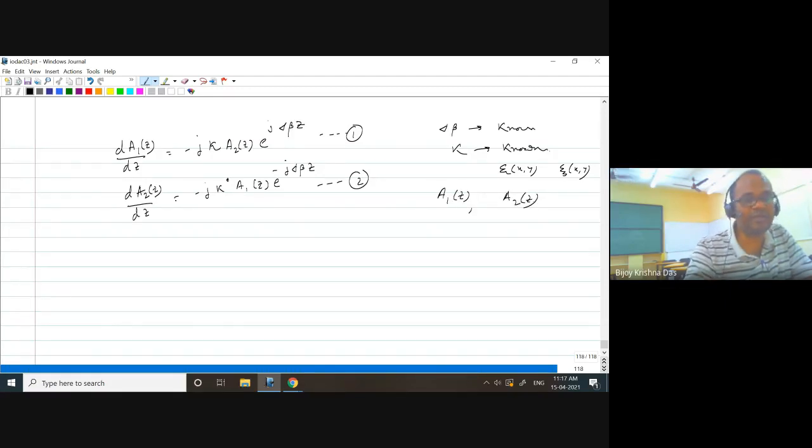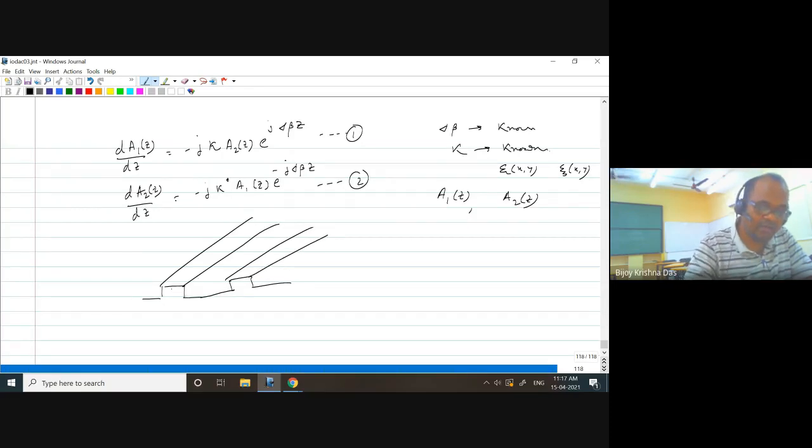If I can solve A1Z and A2Z, then I will be able to say that if your two waveguides are there, say like this, going like this, and another waveguide something like this going like that, and they are interacting and kappa is non-zero, then I can tell the field strength at any point of Z. In waveguide A it equals EAXY multiplied by A1Z.